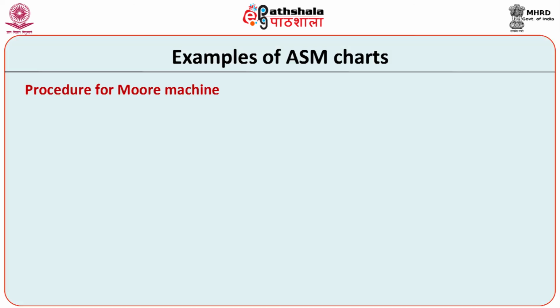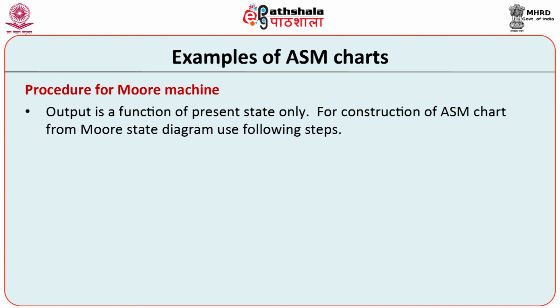Let us now talk about the procedure for obtaining an ASM chart for a Moore machine. In case of a Moore machine, the output is a function of the present state only. For construction of an ASM chart from a Moore state diagram, we should use the following steps. First, represent each state by a state box.